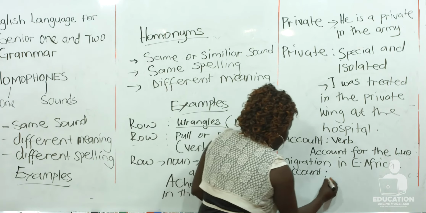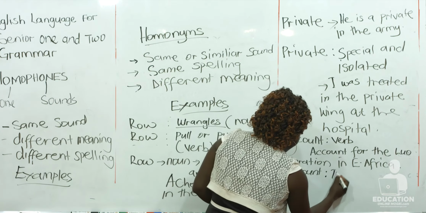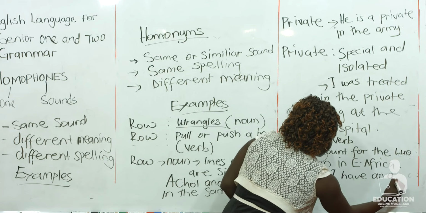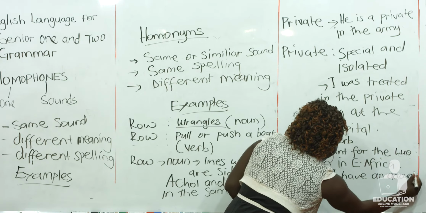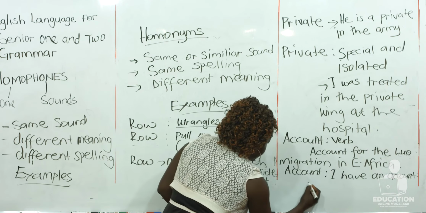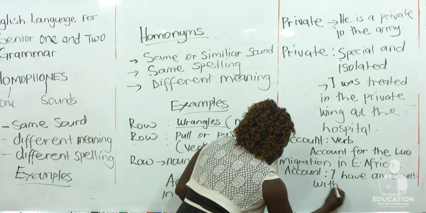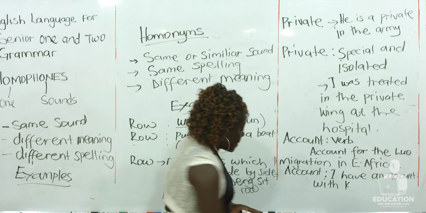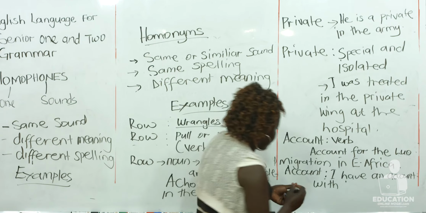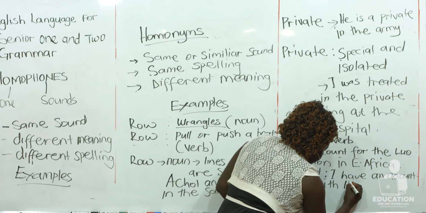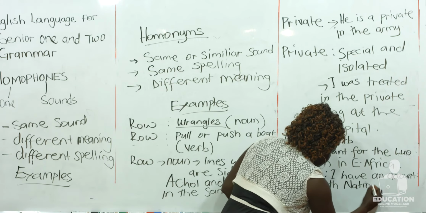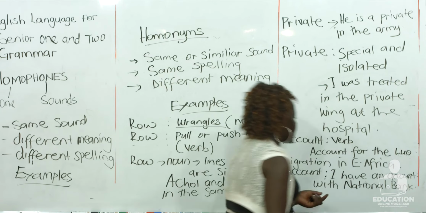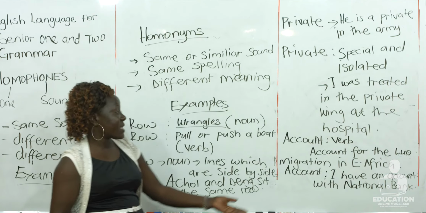For instance, you can say, I have an account with National Bank. So you can see, in this case, it's used as a noun.